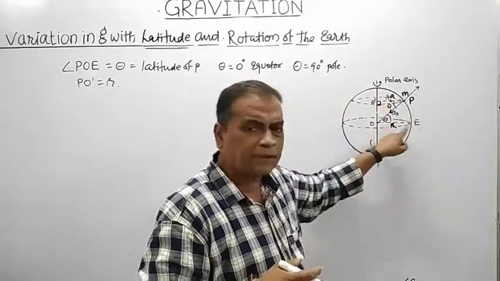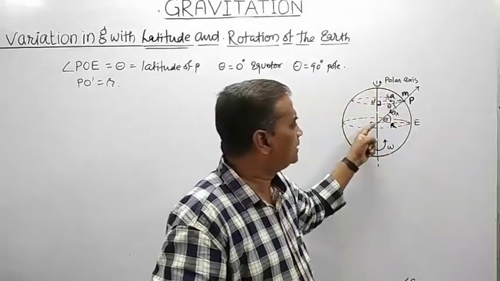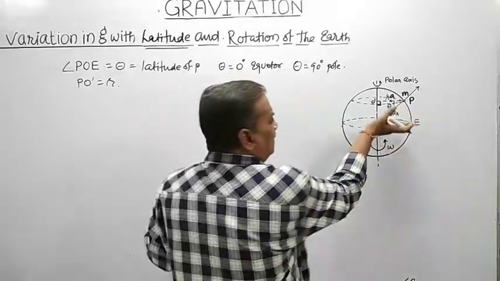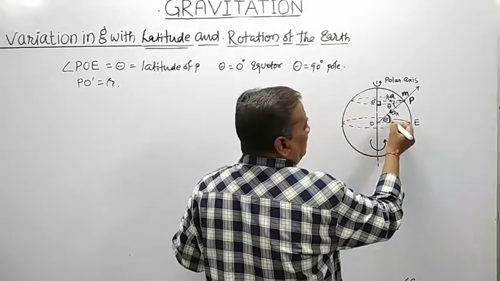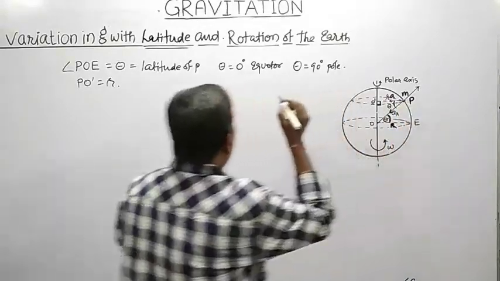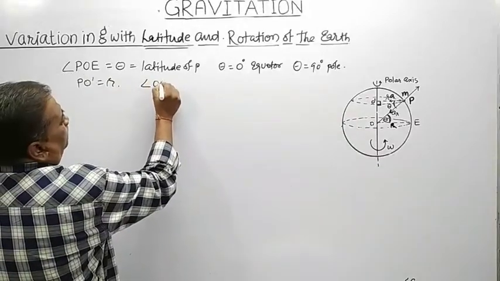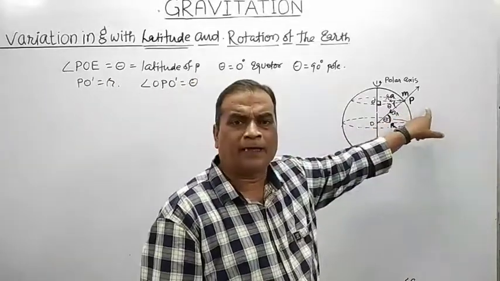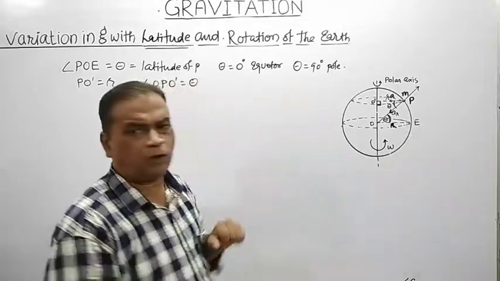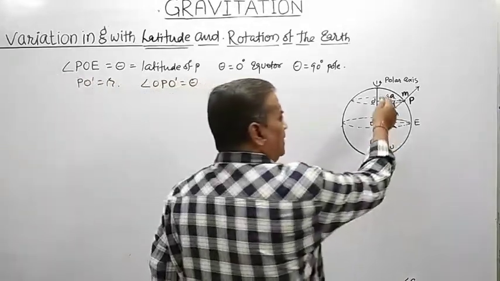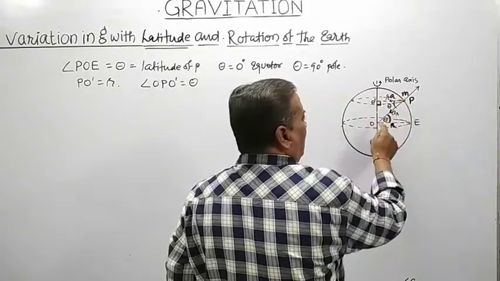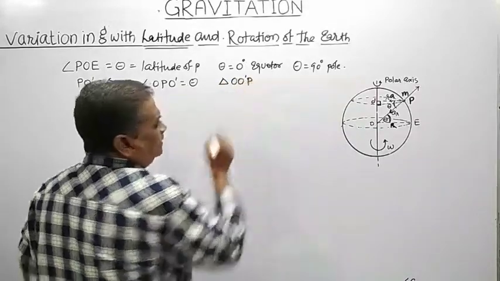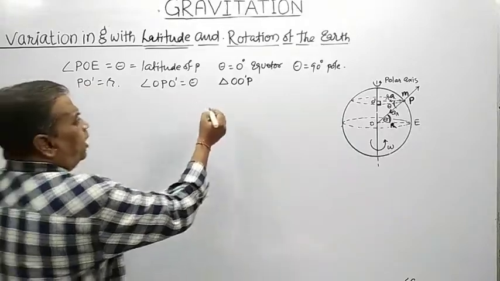Small r and capital R, the radius of Earth, are parallel, and the position vector will be the transversal of the parallel lines, and if this angle is theta, then the corresponding angle OPO dash is also equal to theta, which is nothing but the latitude of the particle at point P. Now let us consider the right angle triangle OO dash P. In triangle OO dash P, this is the right angle triangle. What is cos of theta?